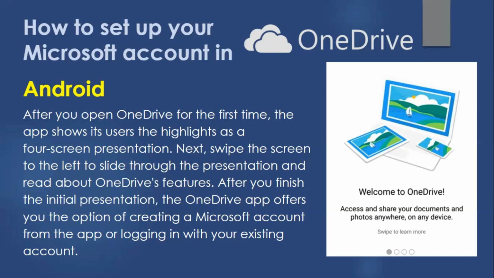Next, swipe the screen to the left to slide through the presentation and read about OneDrive's features. After you finish that initial presentation, the OneDrive app offers you the option of creating a Microsoft account from the app or logging in with your existing account.